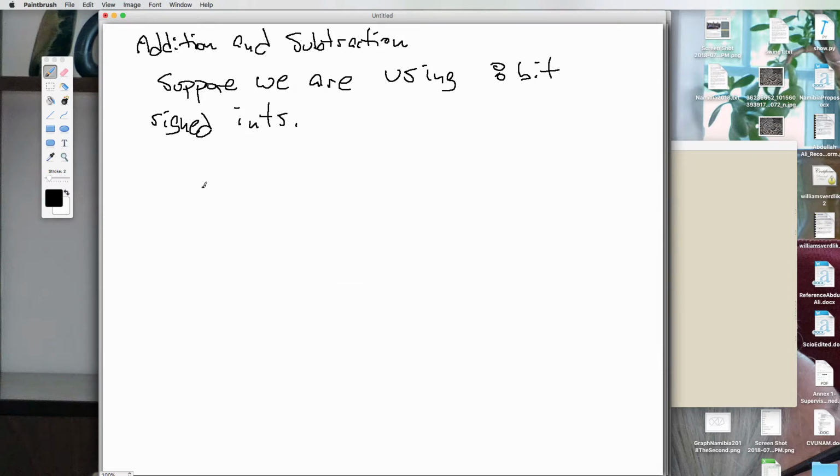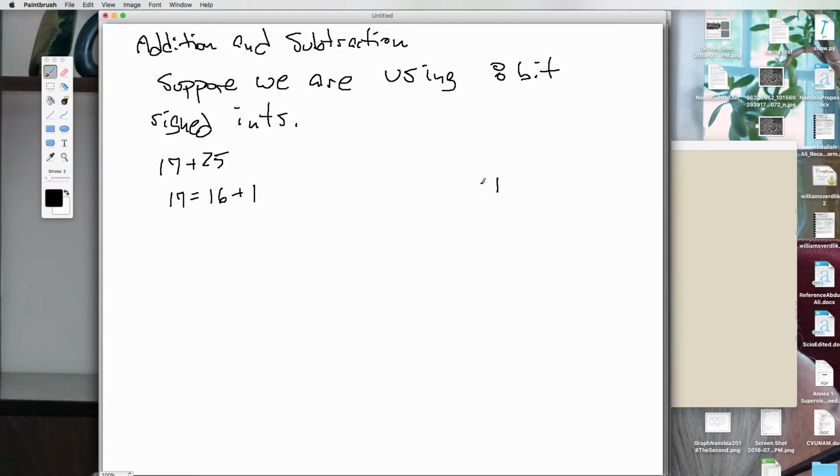So again, first let's talk about addition. This is pretty simple here. Suppose I wanted to add, I don't know, 17 plus 25. Well, 17, I recognize 17 is equal to 16 plus 1.